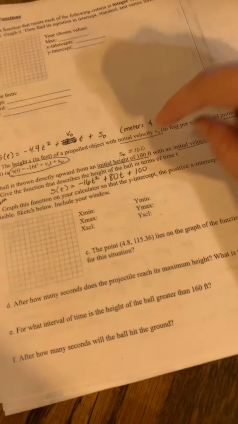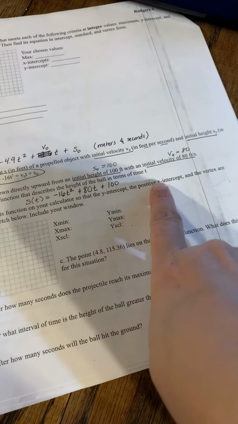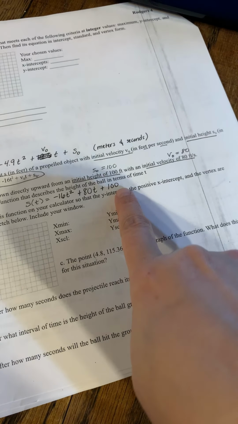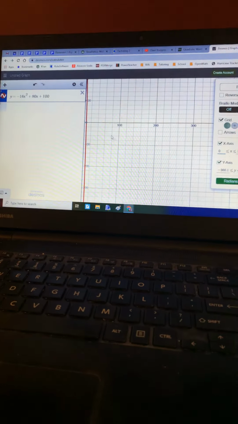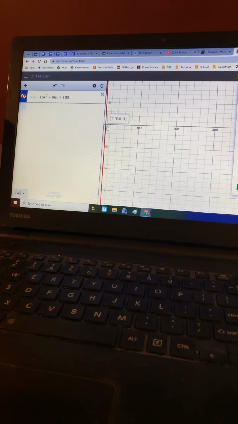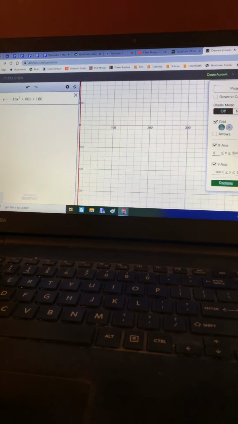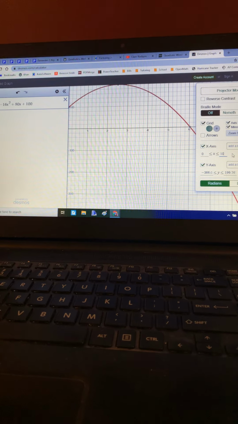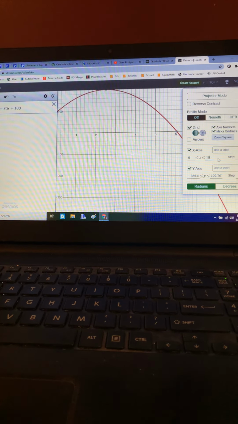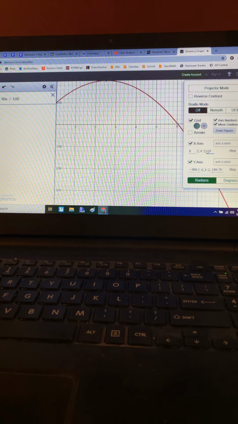If you're looking back here, it says the positive x-intercept, the y-intercept, and the vertex. Okay, so now let's see what this is. That's 6, 0, so I don't need to go that far right. So I'm just going to say like 10, which makes sense because if you're talking about something being in the air, 10 seconds is a long time for it to be in the air.